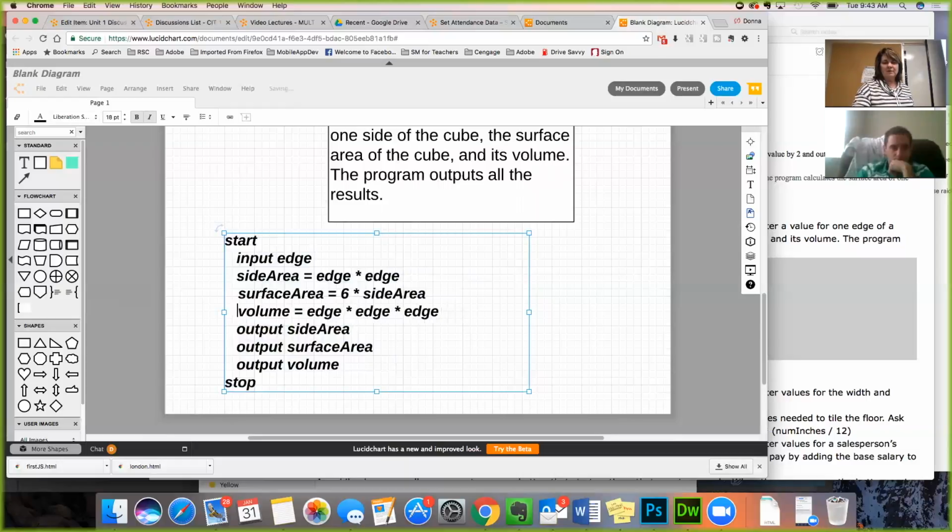Volume is equal to edge times edge times edge. Then output side area, output surface area, and output volume. And what was another way that I told you, do you have to have 3 separate boxes for output? No. We can just use one parallelogram and say output side area, comma, surface area, comma, volume, right? So there's a couple different ways we can do it.